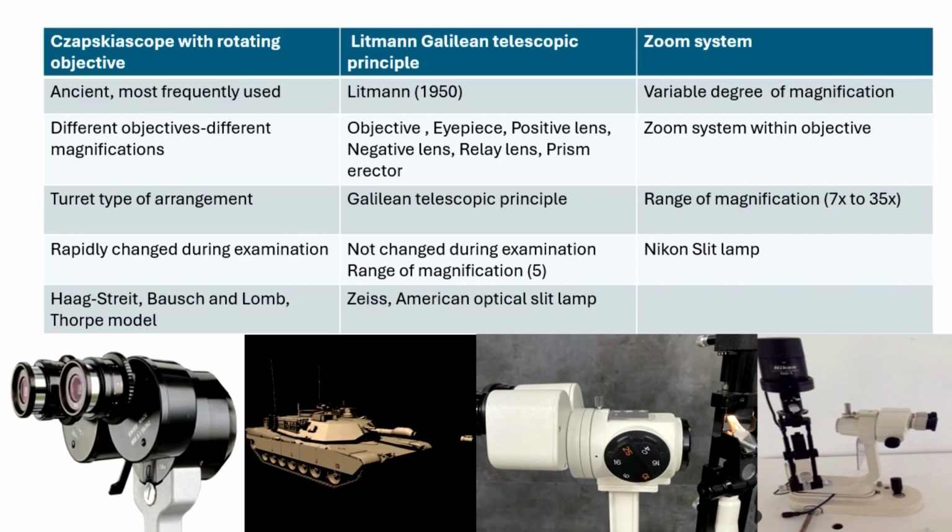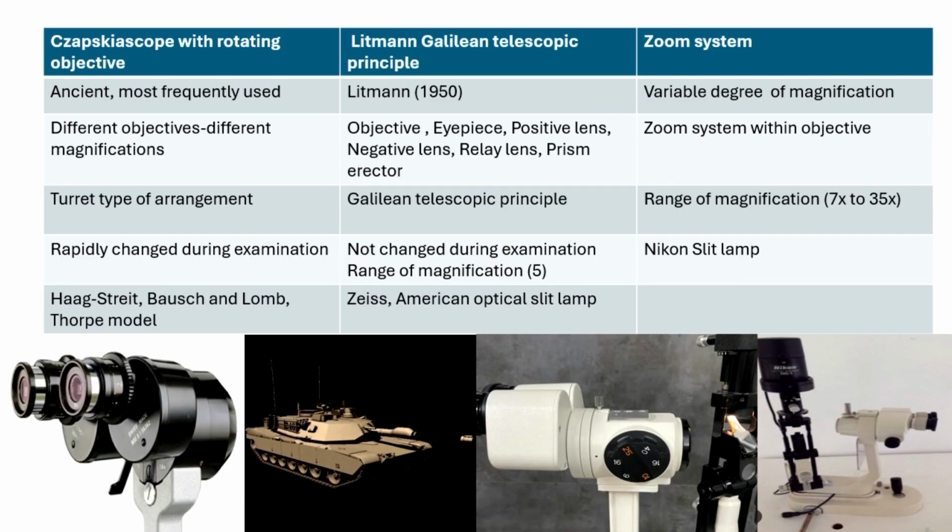Next, coming to the Galilean telescopic principle, it was introduced by Littmann in 1950. It consists of objective and eyepiece lenses, and Littmann introduced the Galilean telescope between the objective and eyepiece, which consists of a positive lens, negative lens, relay lens, and prism erector.